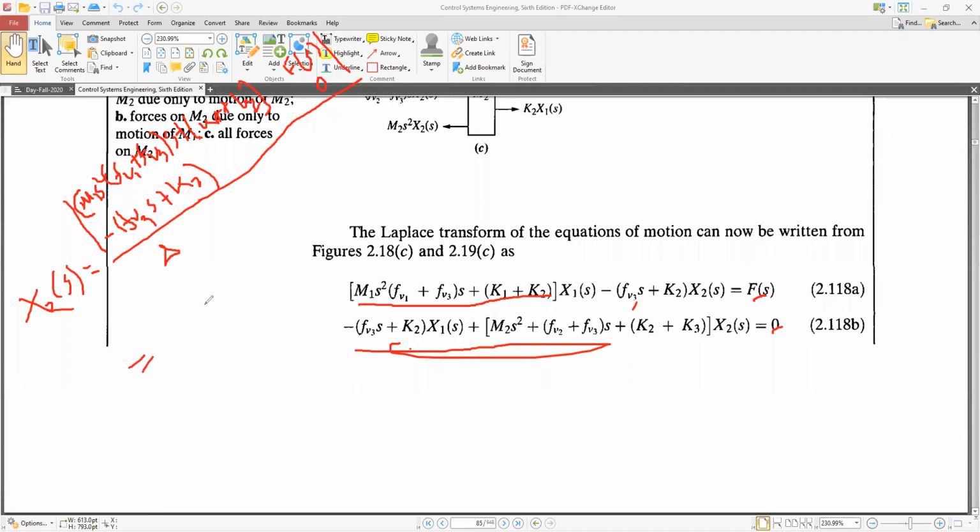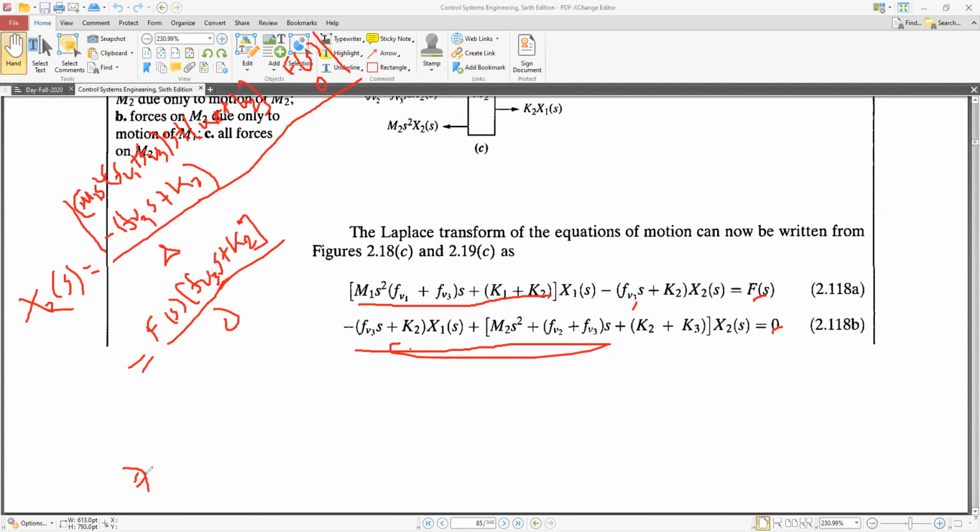So the equation would be F(s) times (FV3 s plus K2) divided by delta.